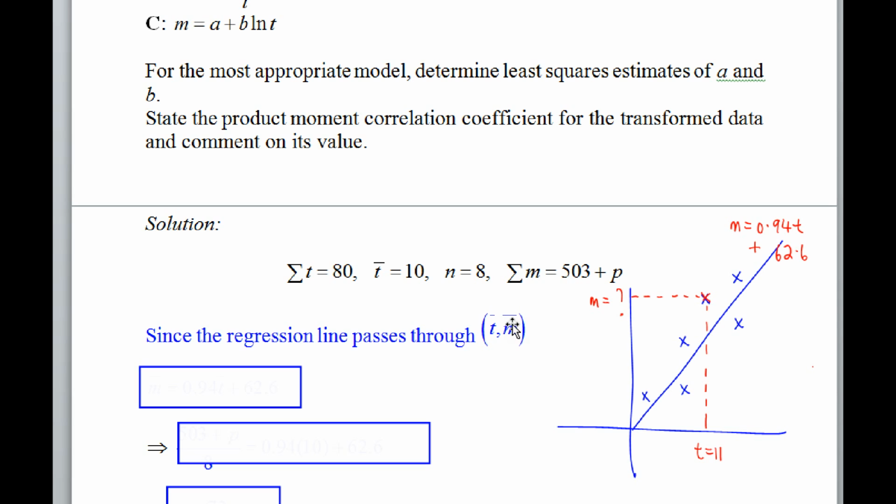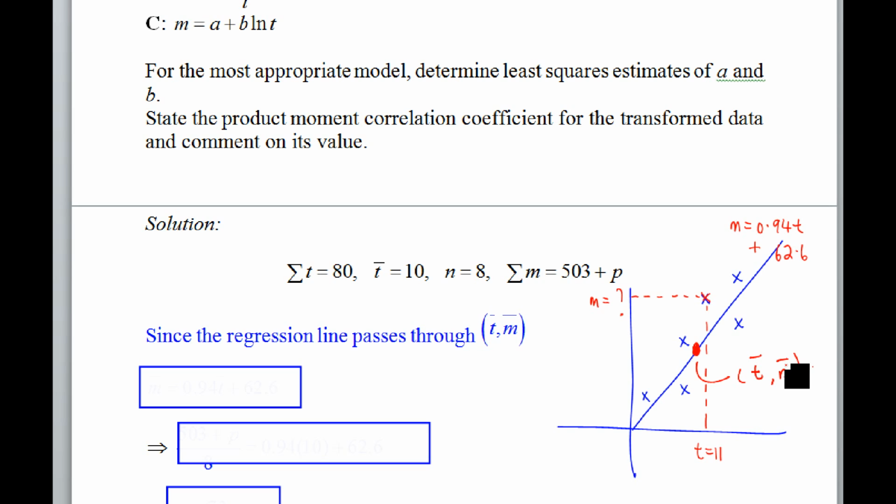The line must surely pass through this point.